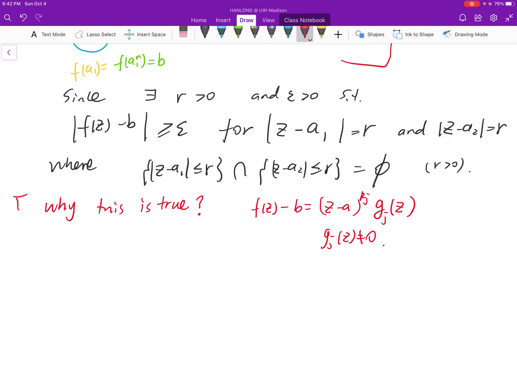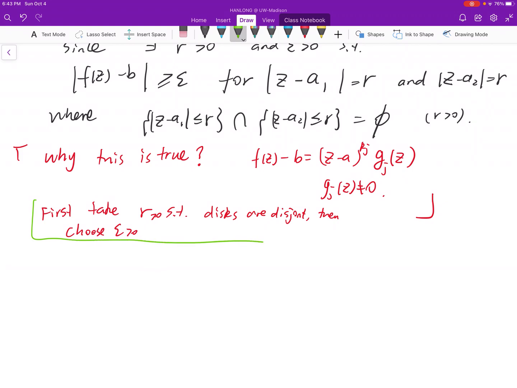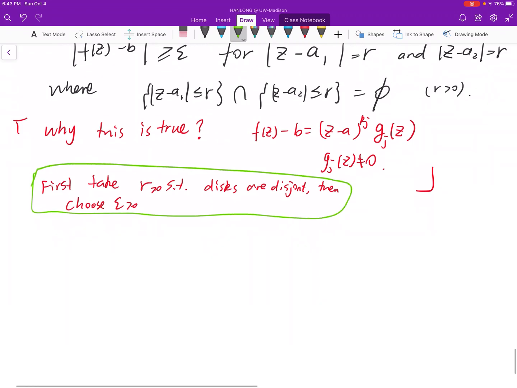And from the isolation of the zeros, the discreteness of the zeros, you can always do it. You first take r such that the disks are disjoint. Then choose epsilon greater than 0. That's the correct order to do this procedure.